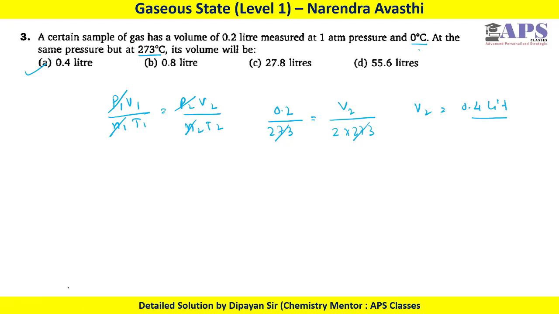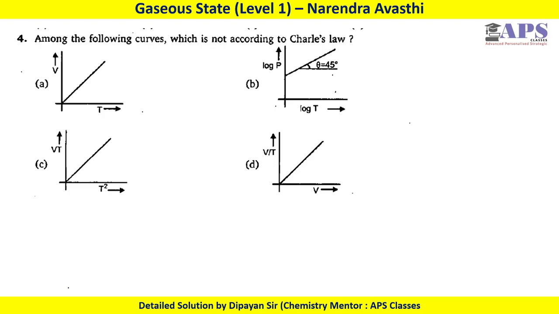Moving forward to question number 4. For Charles' law, we can write that V equal to KT. So V versus T will give a graph like this, so option A is correct, but we have to find which is not according to Charles' law. In Charles' law, we have the P versus V versus T plot at P constant.